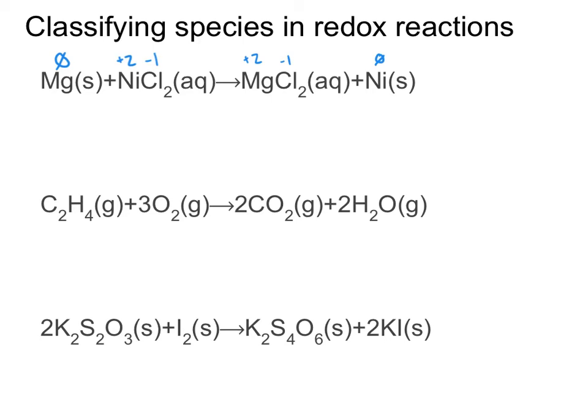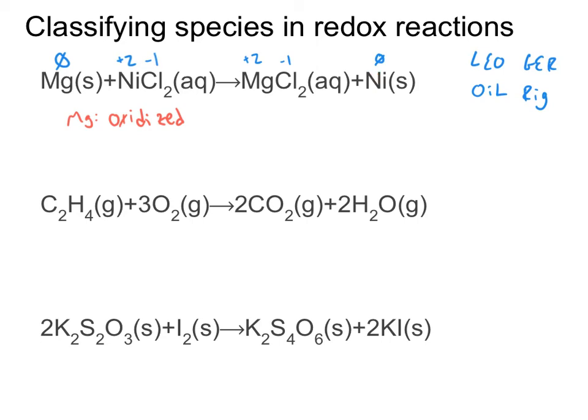Remember our acronyms. LEO goes GER, or oil rig. And so magnesium had to have lost electrons. Therefore, magnesium was oxidized. Nickel goes from a +2 to a 0.